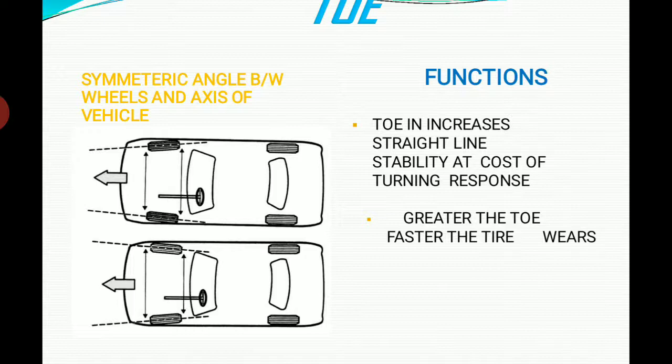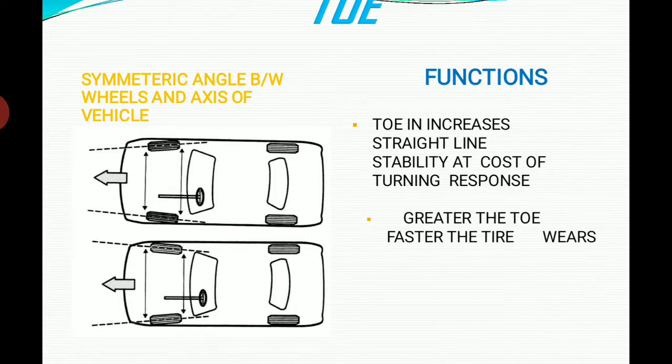Why? Because of the more weight, the tire will try to elongate and bring the whole tire surface to touch the ground again due to load. So automatically, in ideal condition, it will be toe in. That is where we can use toe in conditions.